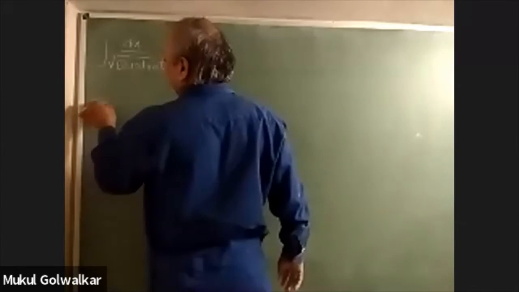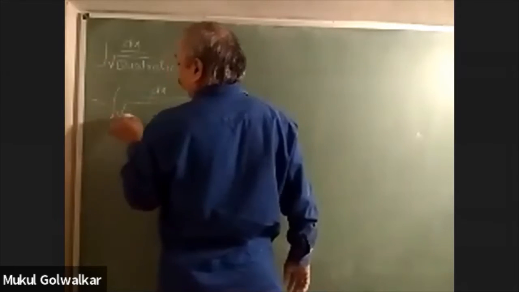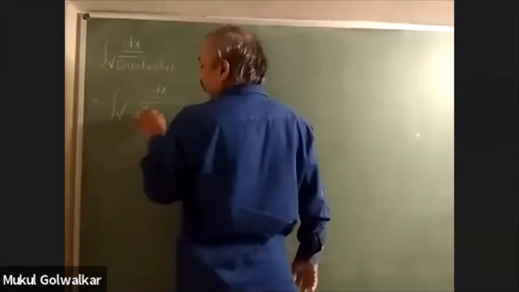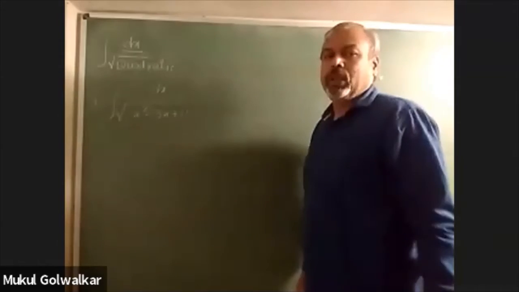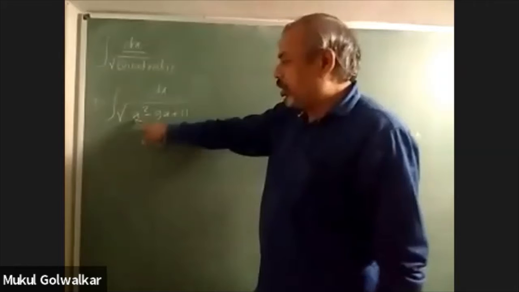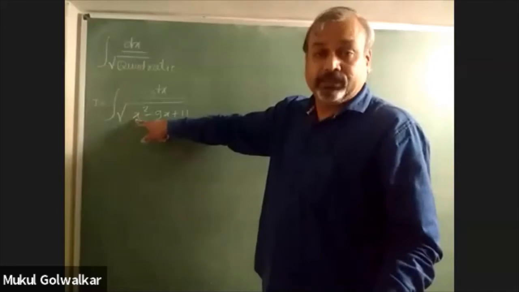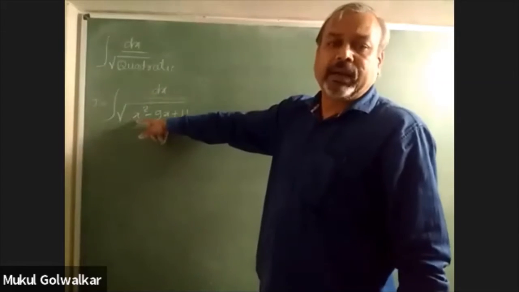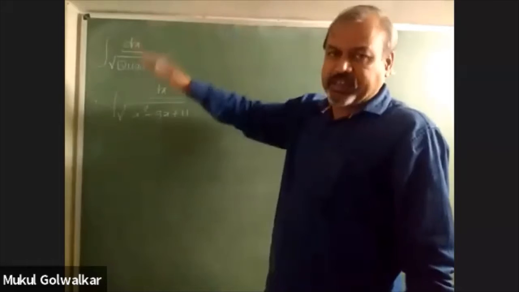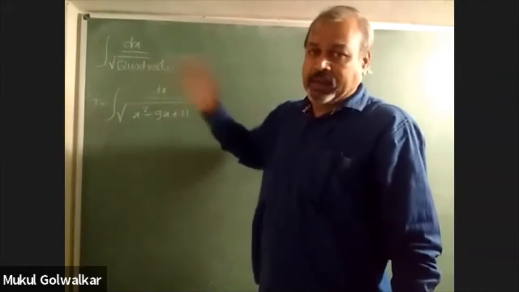Suppose I write integration of dx upon under root of x square minus 9x plus 11. You know, in the next type of question, the coefficient of this x square also can be made other than 1. Just for your understanding, the first question I am taking a little bit easier. Otherwise, in the second question we can make the coefficient of x square other than 1 also.